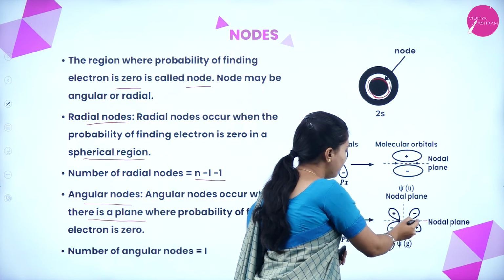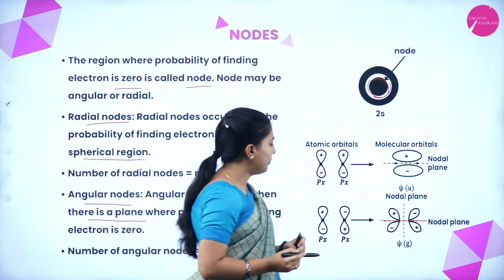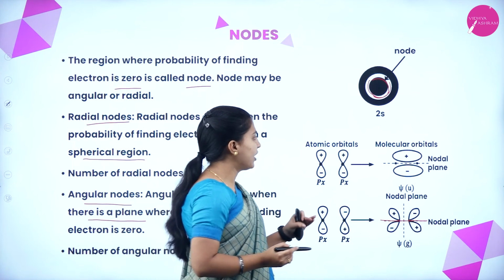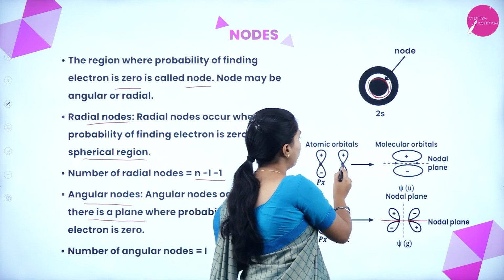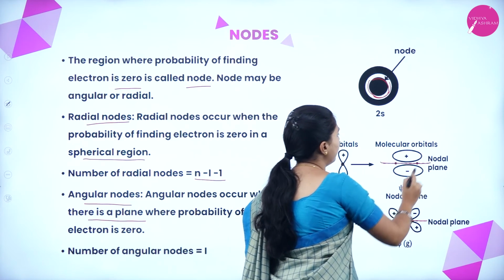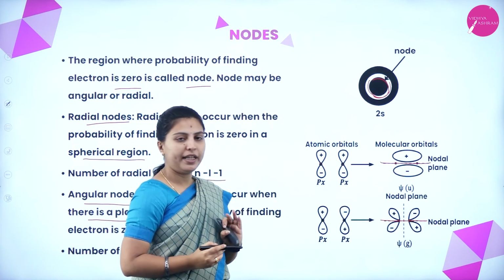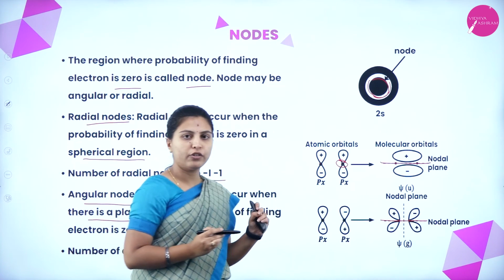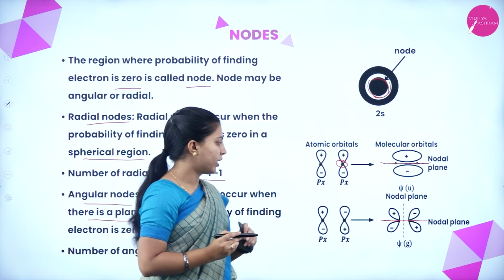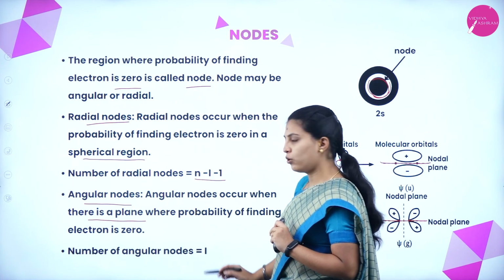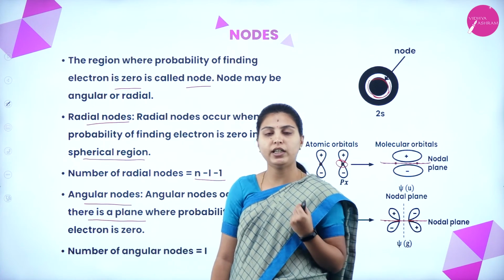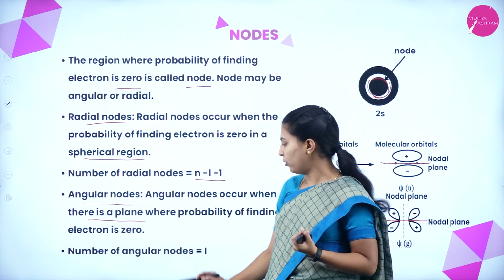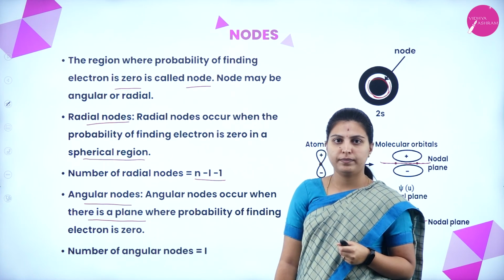This is a plane where the probability of finding the electron will be 0. If you pass a plane through these nodes, it is a nodal plane. At that point, the probability of finding the electron will be 0. The number of angular nodes will be L. If you find L, it will be equivalent to the angular nodes.